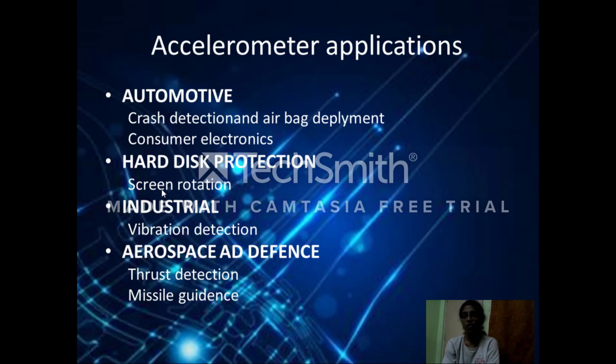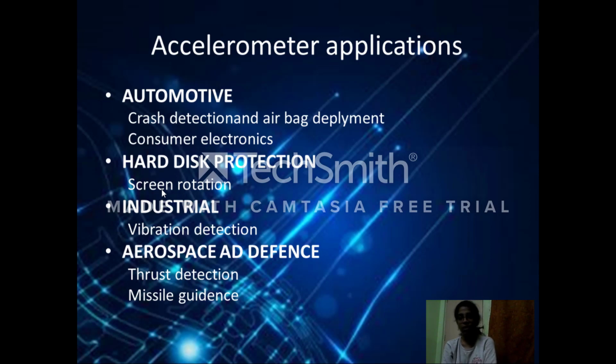Even in consumer electronics we use accelerometers. For hard disk protection, whenever the laptop falls, the hard disk might get damaged, so the accelerometer notices the sudden jerk and shuts down the system so the hard disk isn't affected. Another application is screen rotation.